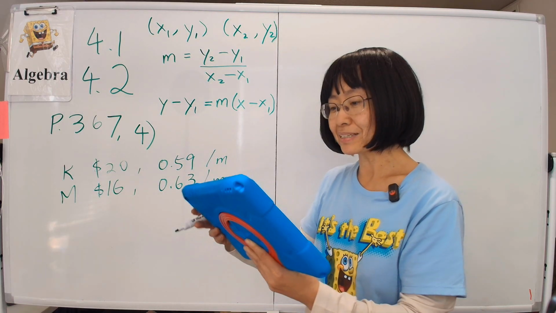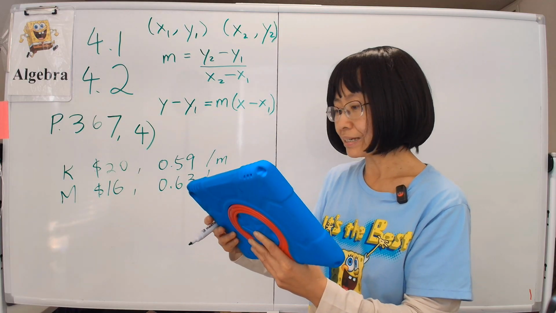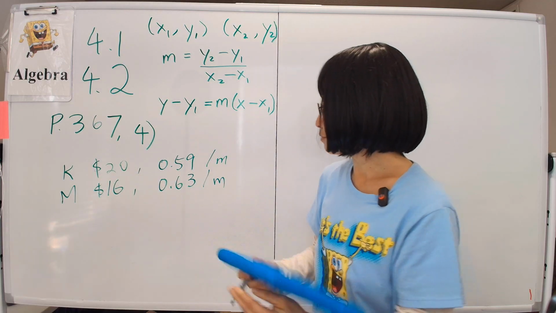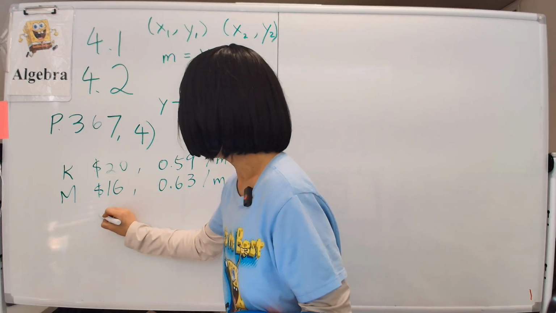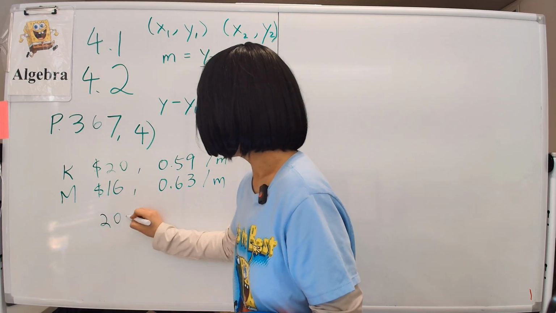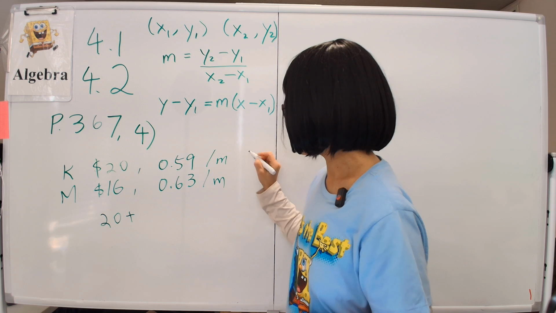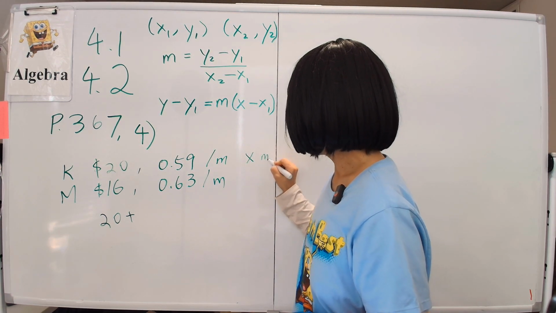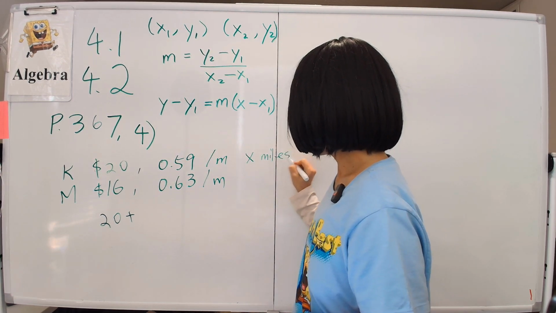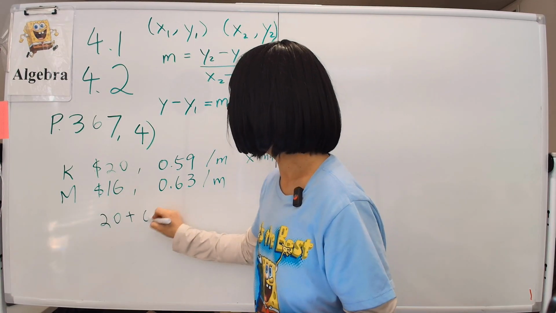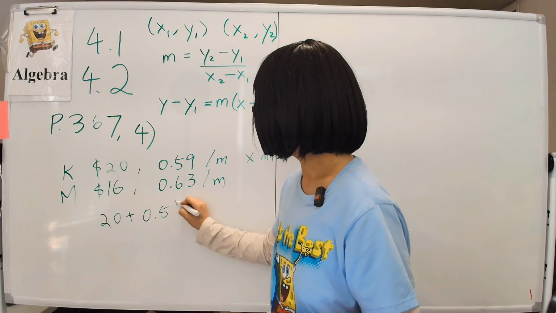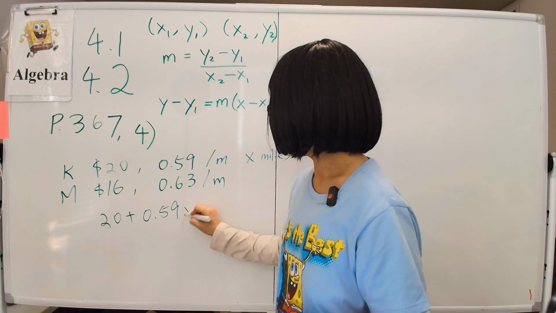Okay, it really depends on how many miles you are planning to travel. So then we will set up the equation. For the first company we will have $20, right? Plus, let's say the guy traveled x miles. So if he went with the first company, he would be spending $20 plus 0.59x.